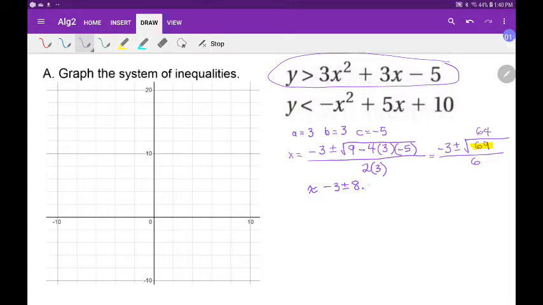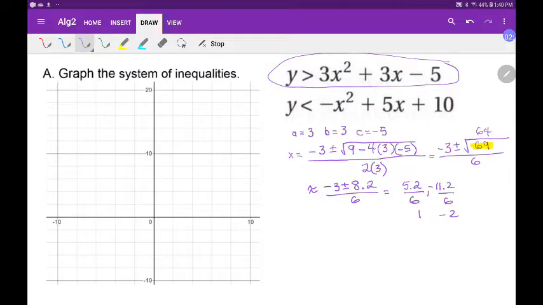Maybe we should say 8.2 just to make it seem better. When we add that, we get 5.2 over 6. When we subtract it, we get -11.2 over 6. And that's really close to 1, and that's really close to -2.